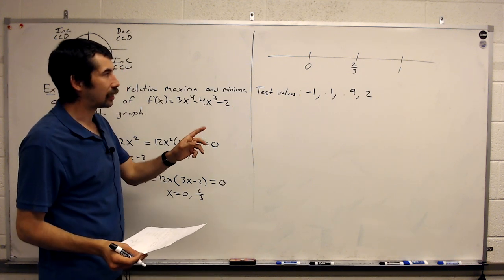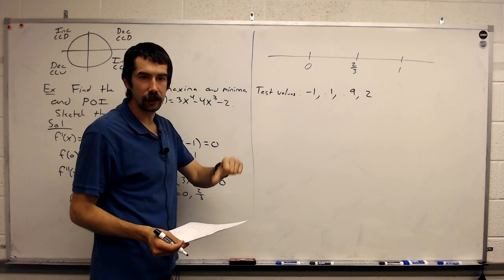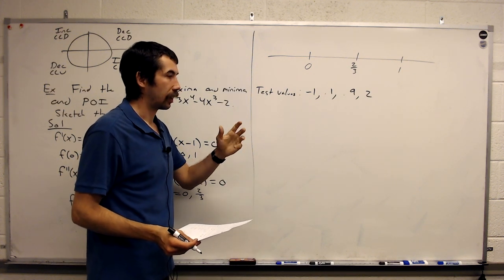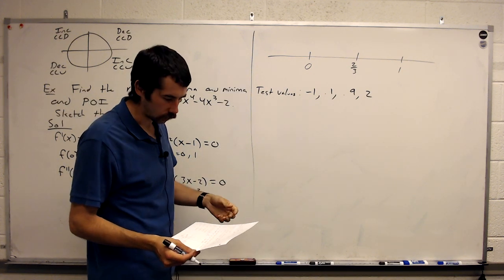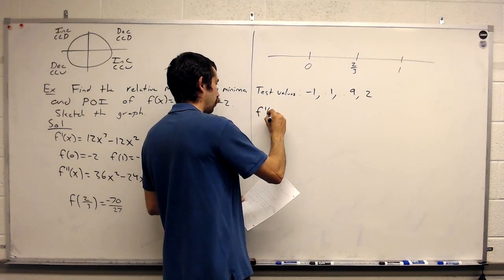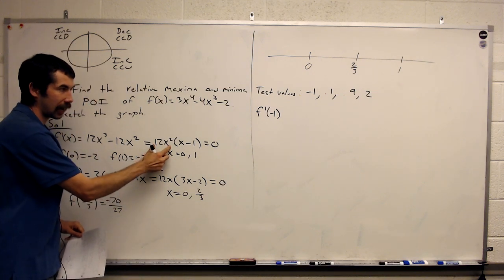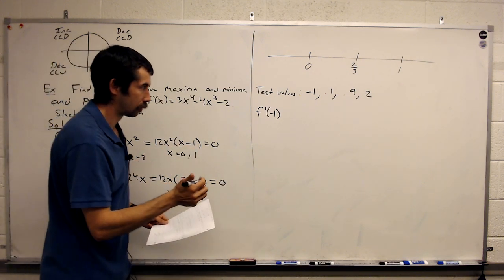All right, and at each of these test values, we're going to check: is the derivative positive? Is the derivative negative? Is the second derivative positive? Is the second derivative negative? So we're going to have f prime of -1. That's a positive times a negative.